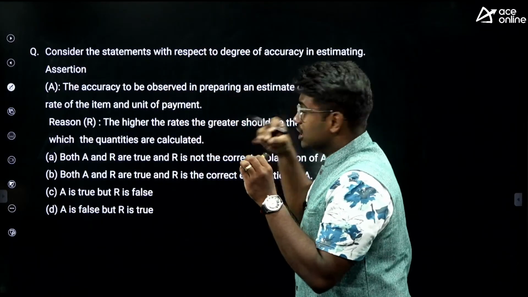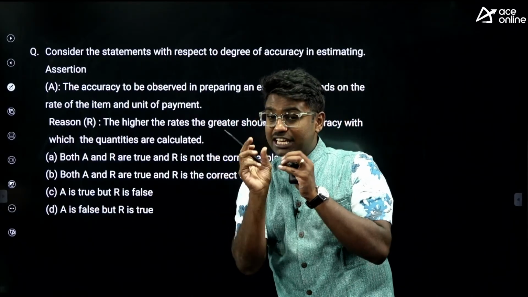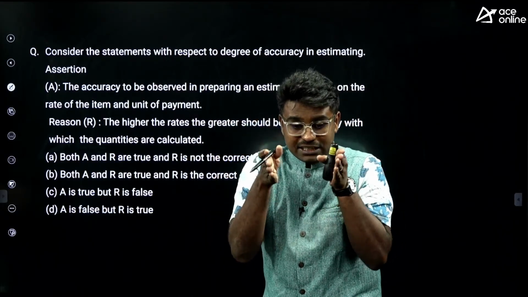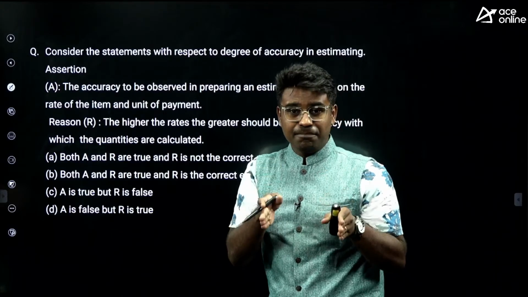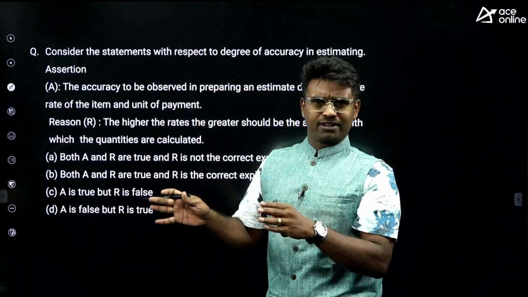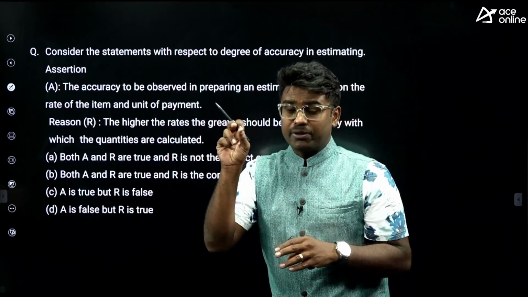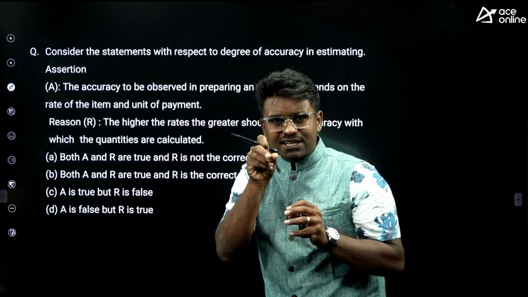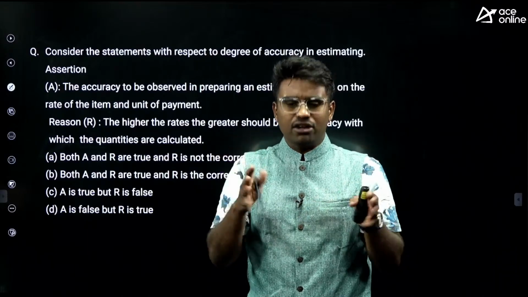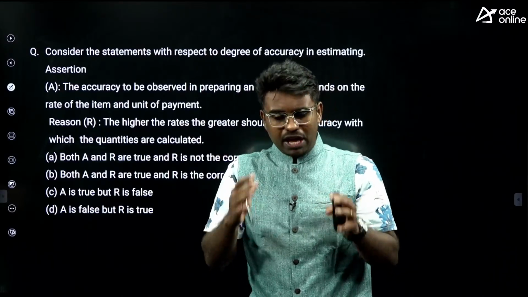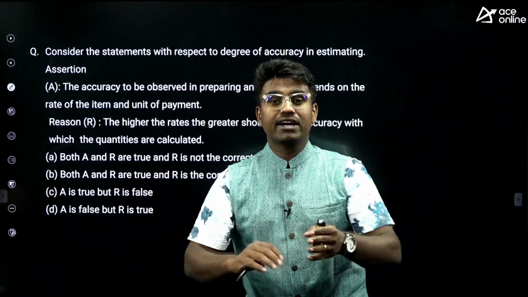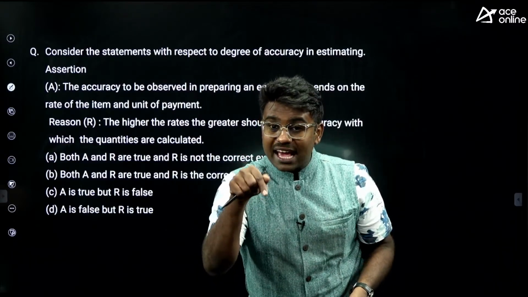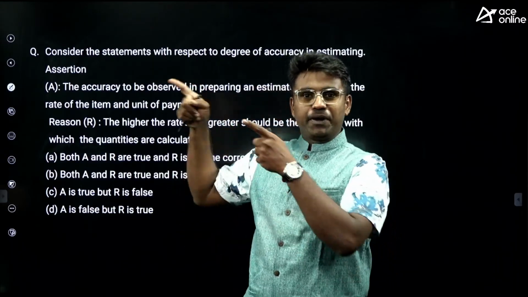If the kind of work needs accuracy, for example flooring or glass work, accuracy has to be maintained. If in a flooring some part of your tile is cracked, you cannot do anything; you have to replace it with another tile. So accuracy has to be maintained when compared to brickwork.